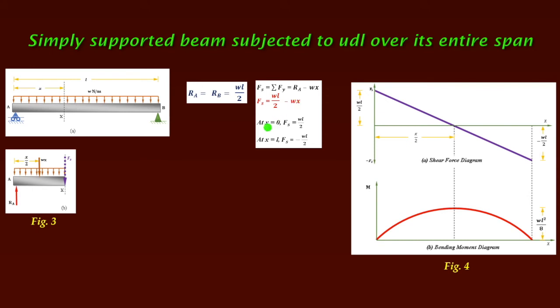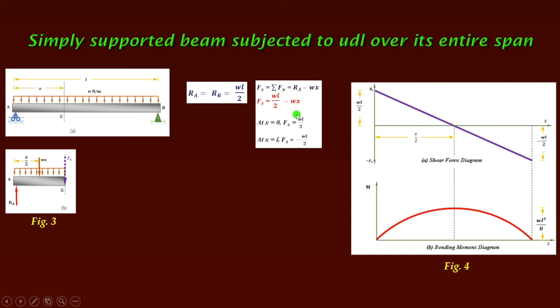Boundary condition means at x equals to 0, substitute the value, then you are getting the shear force equals to omega L by 2. And x equals to L, you are getting minus omega L by 2. So the shear force is varying from omega L by 2 to minus omega L by 2.